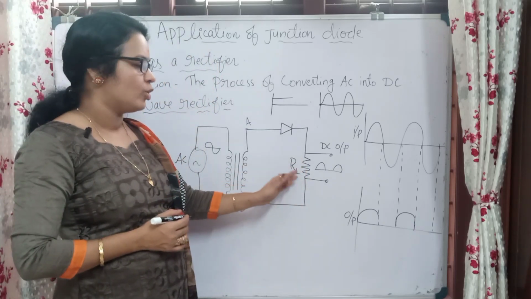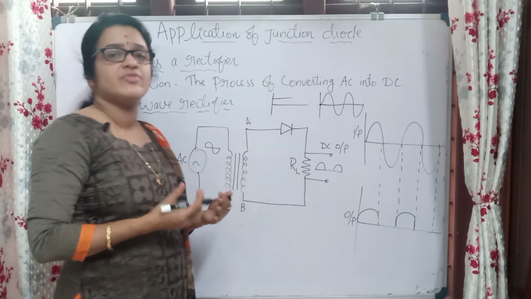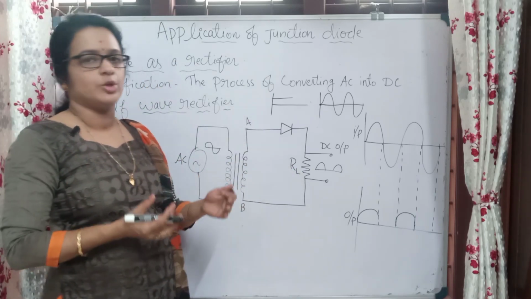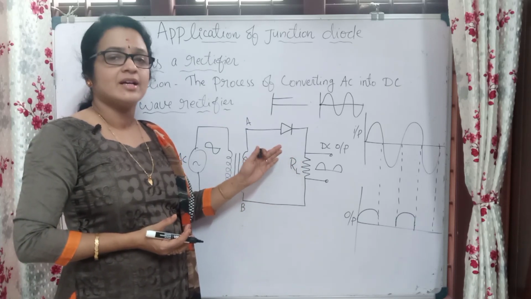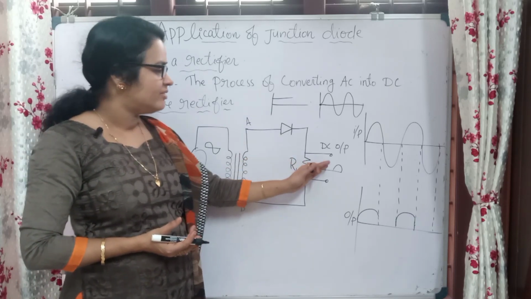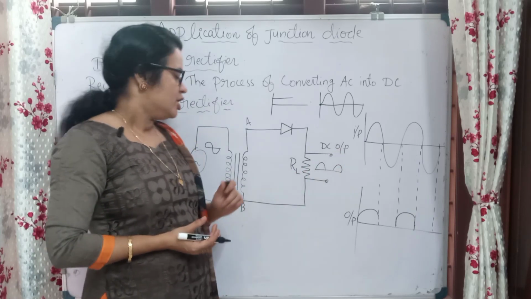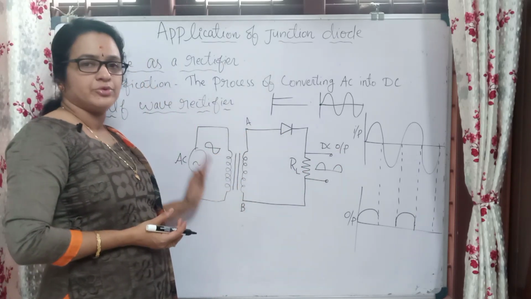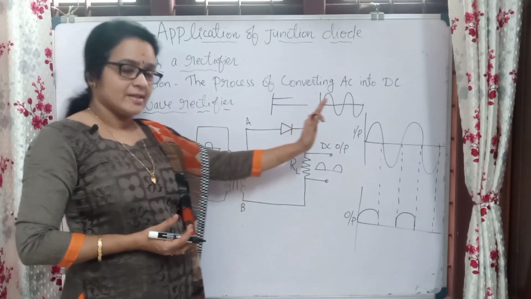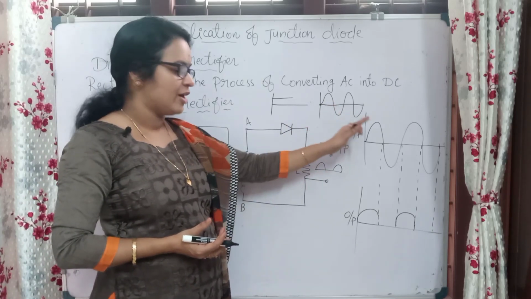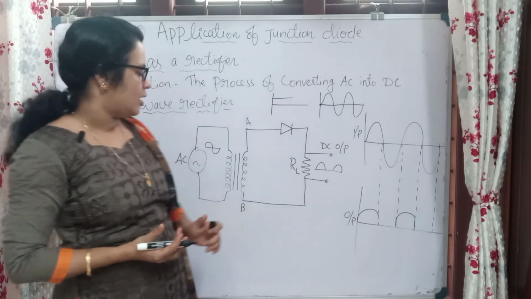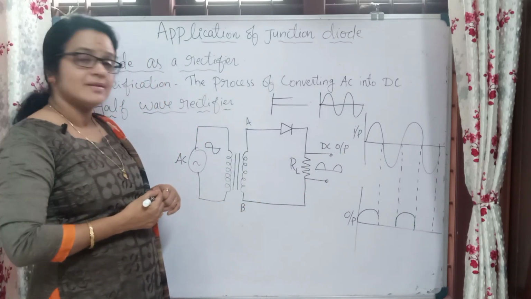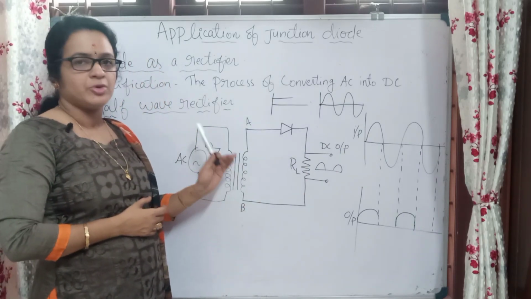Always we take the output of a circuit from the resistor, which we call the load resistor, and here we will get the output. First of all we have to construct the circuit, and after that we have to know how the input and output vary. So that circuit diagram you have to study.